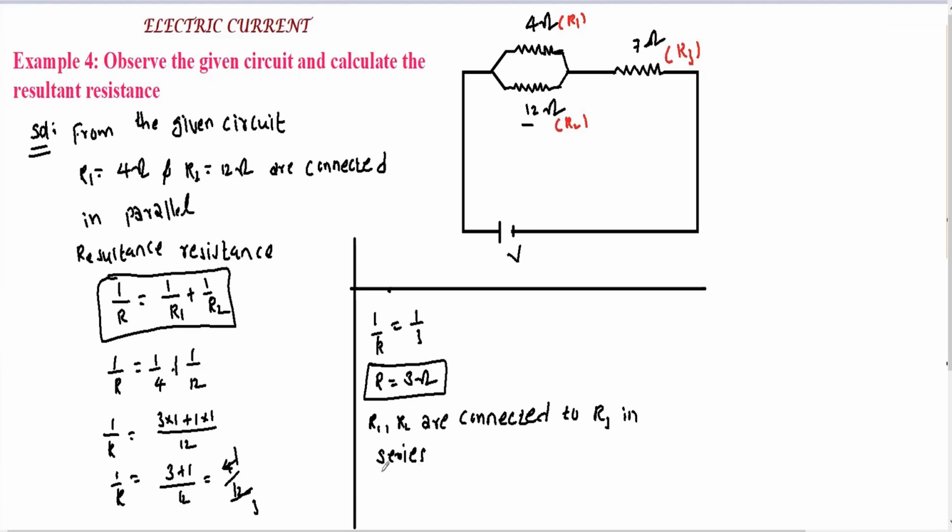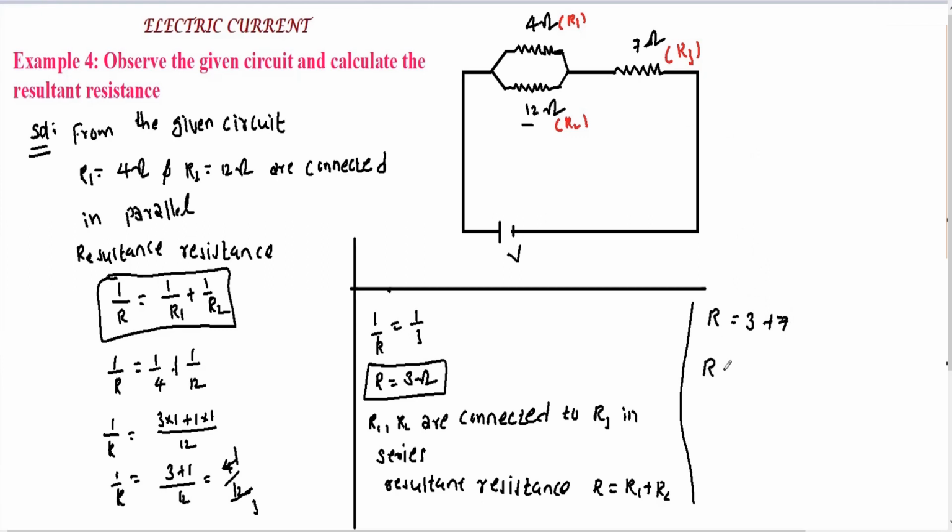What is the resultant resistance if the resistors are connected in series? Resultant resistance R equals R1 plus R2. So R1 here is this one, 3, plus here R3 value we have to take, 7.